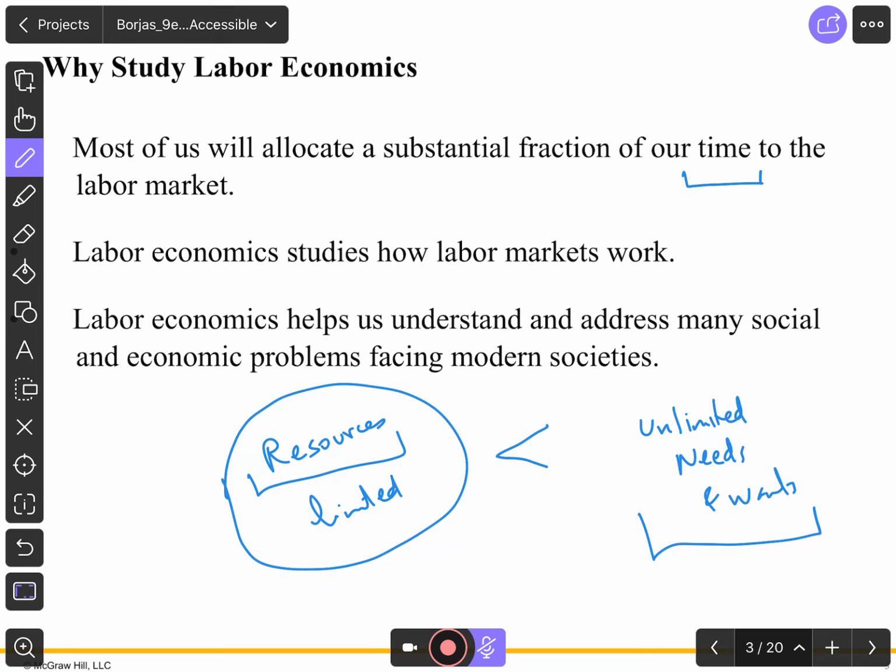So in this course, we will be talking about a market. And this market has this kind of interaction between my needs, my demand, right? And the supply for my service. And this interaction between the two is working under this big economic problem, which is the inequality between resources and needs and wants.